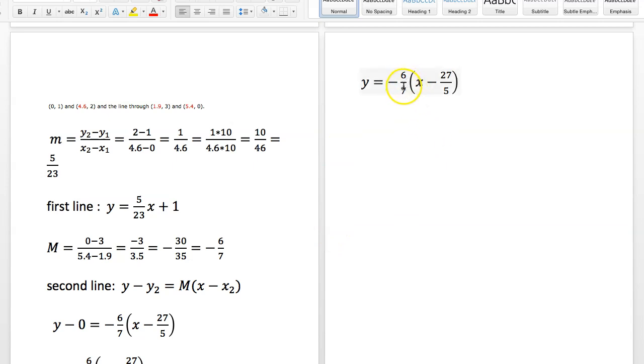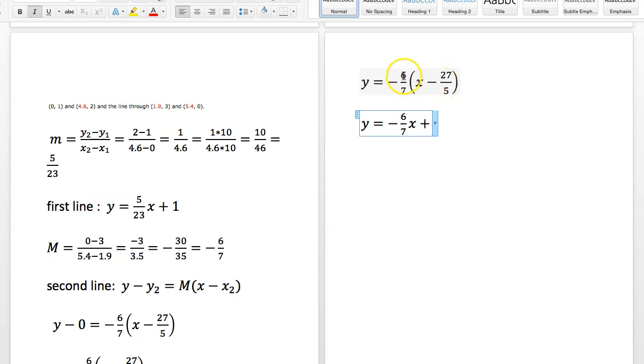Now, if I distribute -6/7 through, well, how painful will it be? I don't know. Let's do it. Wow. So the x won't be painful at all. But now minus a negative is plus.